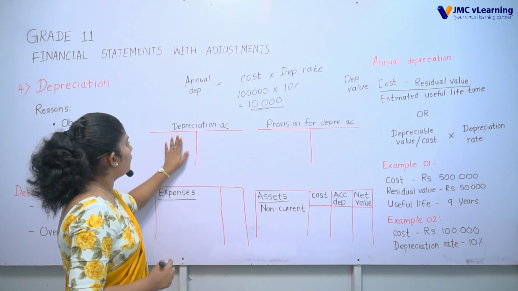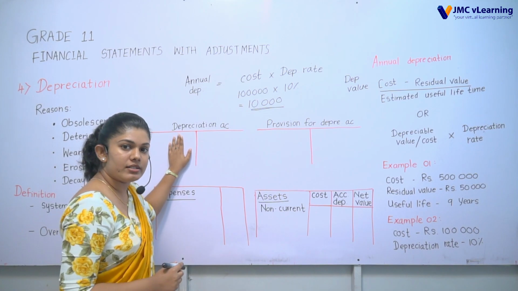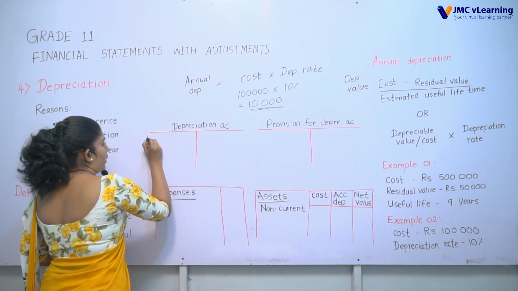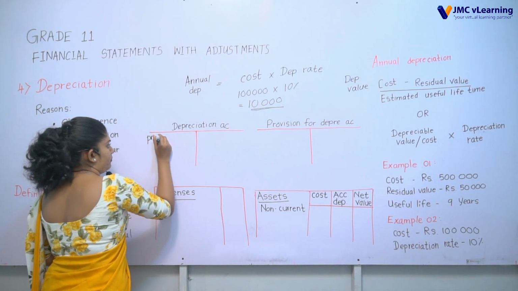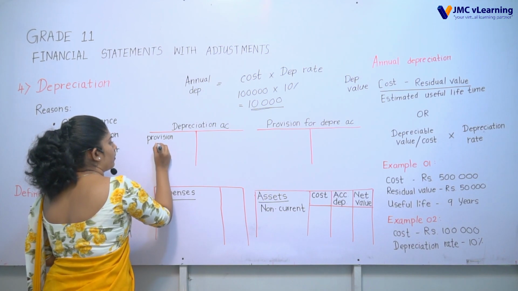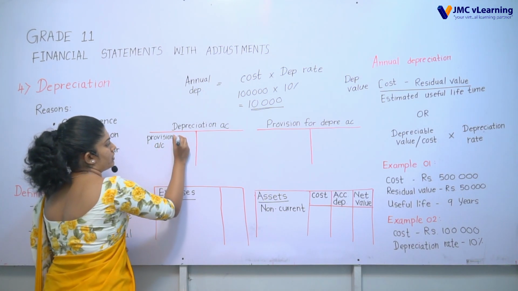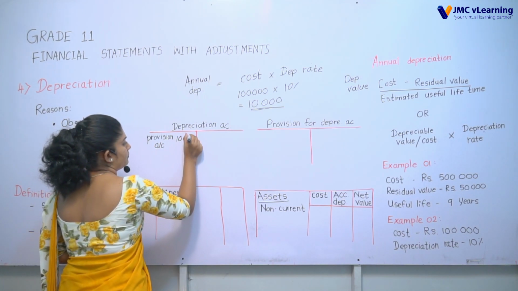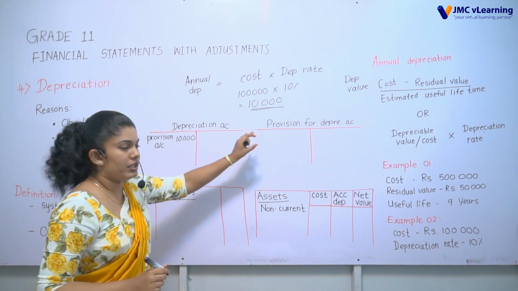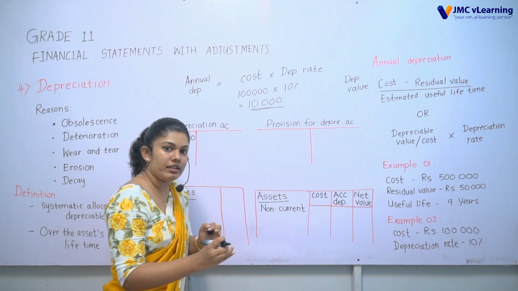Expense account, therefore, the entry will be passed into the debit side as provision account 10,000. This is a provision account, not yet provided.